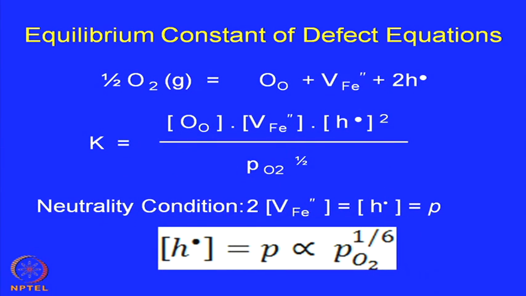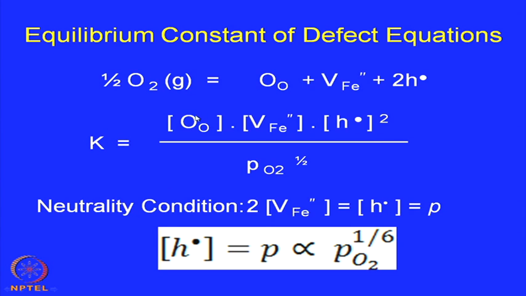This is another thing. Together with that we would like to find out what is the concentration, what is the partial pressure dependence of this concentration, and for that we consider an equilibrium constant for this defect equation. Whatever defect equation we have written, the same equation is written here, and you can define an equilibrium constant at a particular temperature, which is temperature dependent of course.